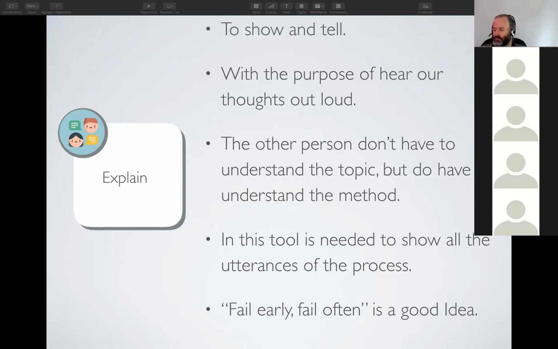The other person doesn't have to understand the topic, but does have to understand the method. This tool is needed to show all the utterances of the process. And we have to fail early and fail often, because if not, then the idea would be too big, too large, and the setback would be difficult for us to recover from.